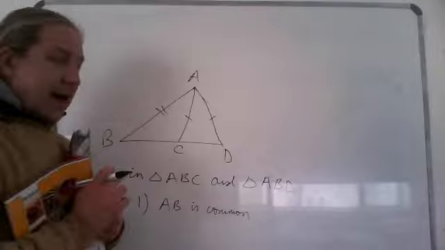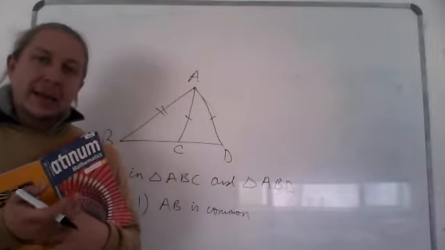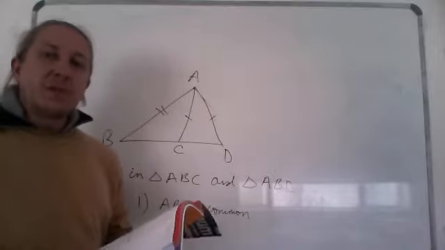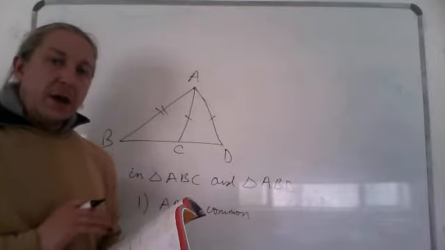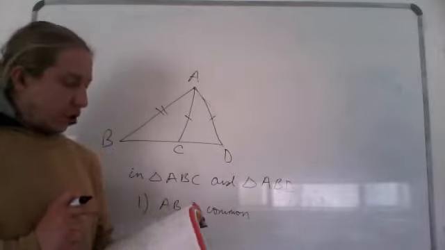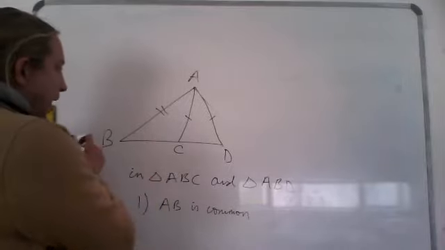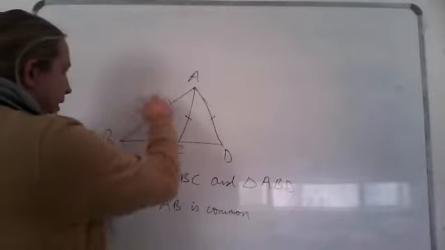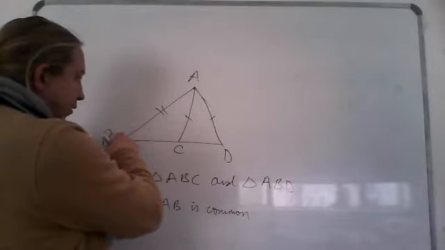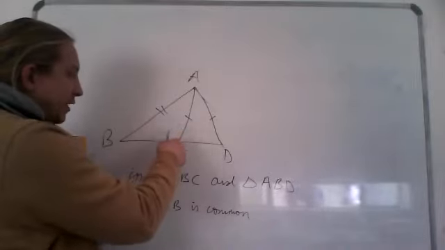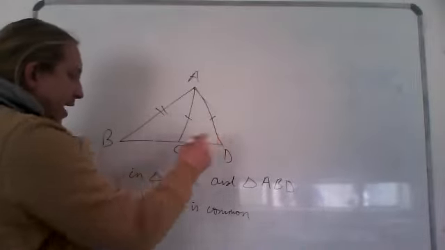We're going to see that the condition of side angle side has to be very specific in order for congruency to hold. So remember, side angle side needs to be the same. What we have here is that AB is common to both triangles, this angle B is the same, and we have another side, AC and AD.